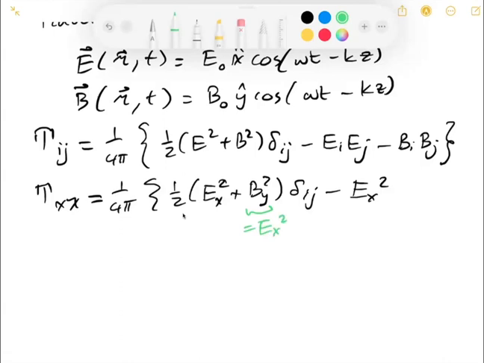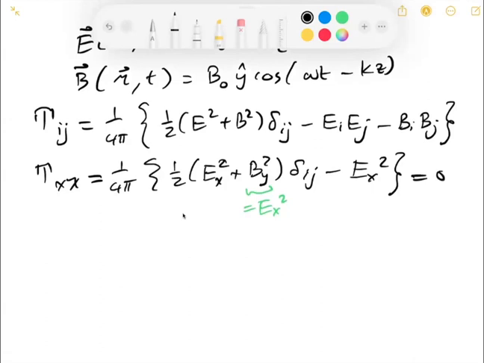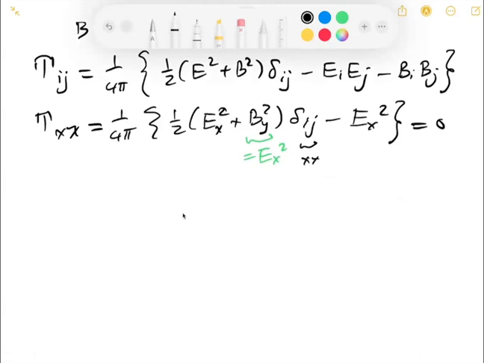Because the amplitudes are the same. So the grand total, what do we end up with? How many Ex squareds? Well, exactly 0. Because this thing is x, which is 1. So Ex squared plus By squared is the same as 2 times Ex squared, and then divide that by 2, and then subtract Ex squared, so it's 0. So Txx is 0. And that's interesting.